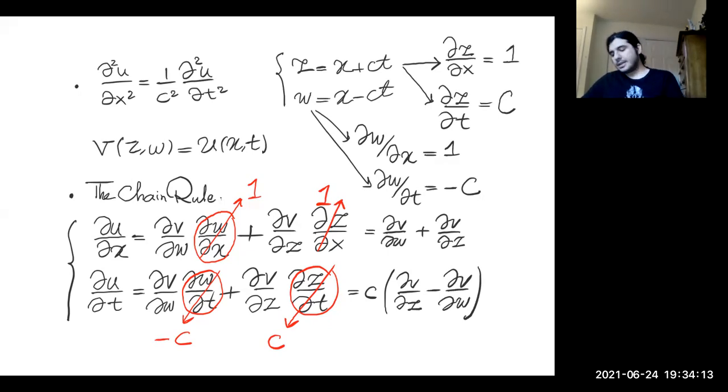But the point is that in our wave equation we have the second derivative, so we should do this one more time. Let's go to the next page and rewrite the final thing we got. The derivative of u with respect to x is equal to the derivative of v with respect to z plus the derivative of v with respect to w.